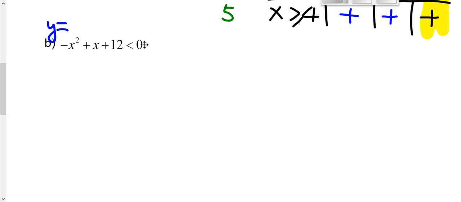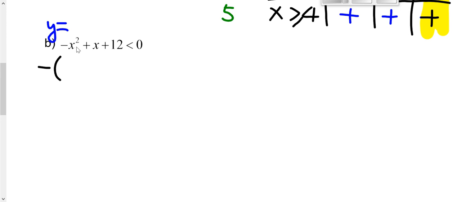Alright? So first thing is of course to find the critical numbers. If you look at this, the coefficient in front of x squared is not 1, it's -1. So what do we do? We factor out the -1. So we divide everything by -1, so take out the negative first.